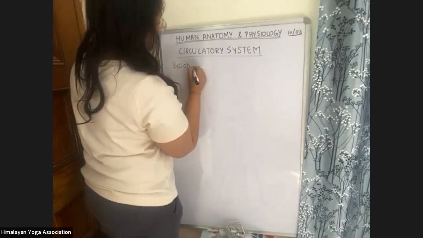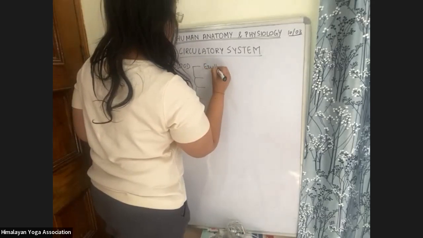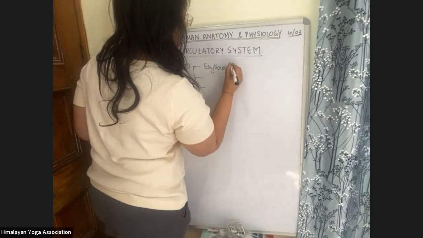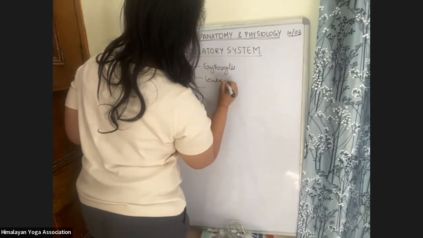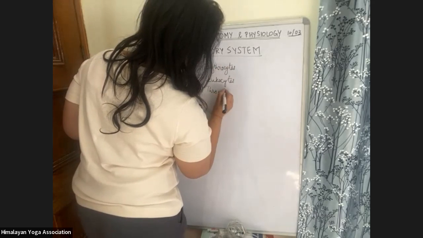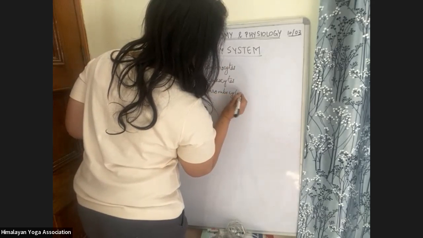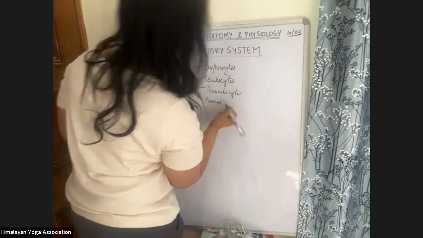Okay, so next is blood. It has four components: erythrocytes, leukocytes, thrombocytes, and plasma. Have you heard of this?